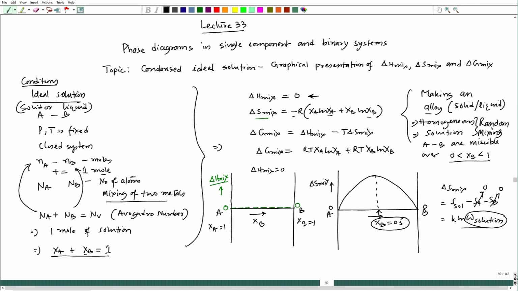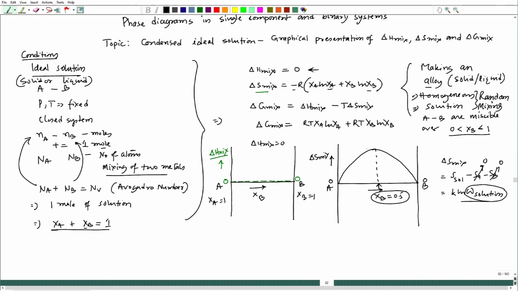You can prove that, since it has a plateau, by taking the derivative equal to 0. If you do that, you will get x_B equal to 0.5. So, at that composition you get the peak.